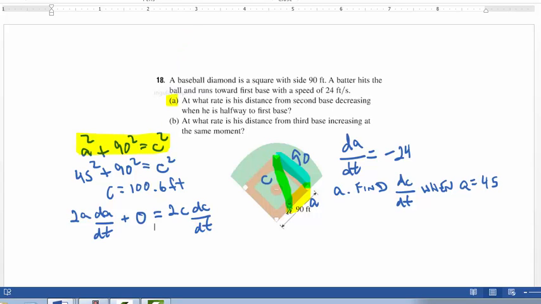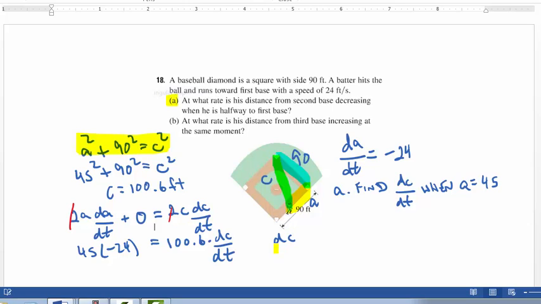And as we saw in class, you can just cancel out these 2's, they divide out on both sides. So now just plug in the values. We know A is 45, dA/dt is negative 24, and this is equal to 100.6 times dC/dt. So we're just going to do 45 times negative 24 and then divide by 100.6.